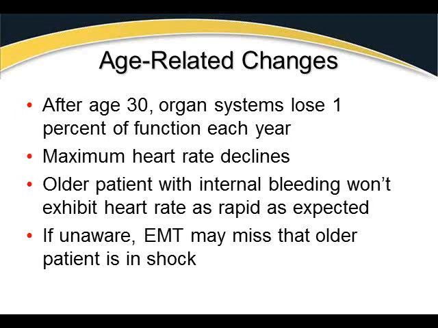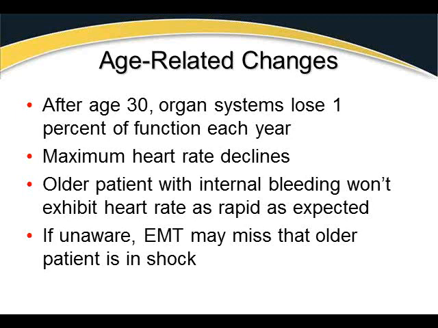The digestive tract starts to slow. It's not quite as efficient as it used to be. It doesn't digest things quite as easily, so things that people ate early in life maybe don't agree with them so well anymore. Constipation and bowel obstructions become potential issues.